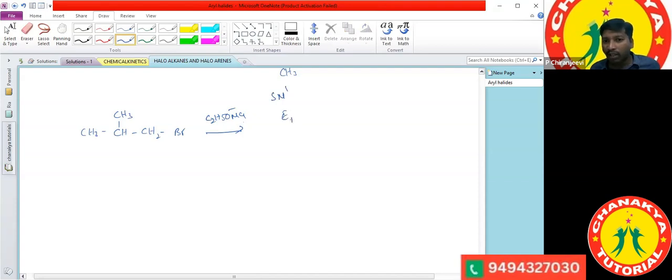I told you that E1 elimination and SN1 reactions both have similar properties, and the SN2 reaction mechanism and E2 reaction mechanism have similar properties. So we can expect SN1 here. First one is SN1. And what is the B?